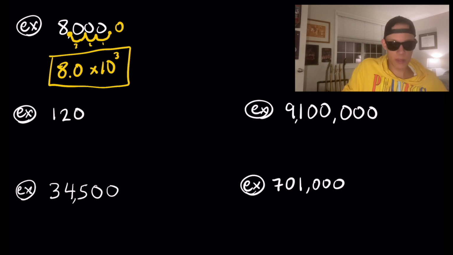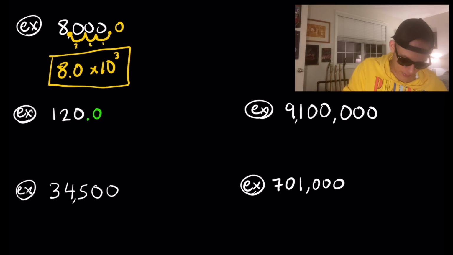All right, 120. Again, let's find the decimal, which is going to be over here. I'll stick a 0 off to the right if I want to. And I'm going to move this decimal to the left until I get a number between 1 and 10. So if I move it here, I will have 12.00. That's not going to work.